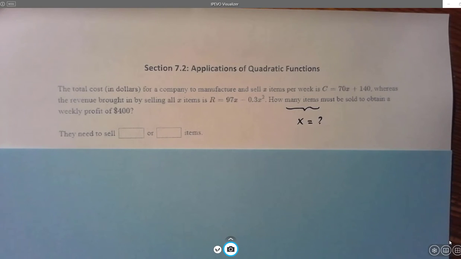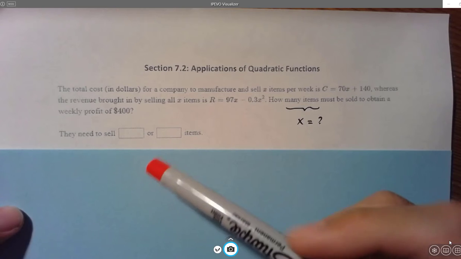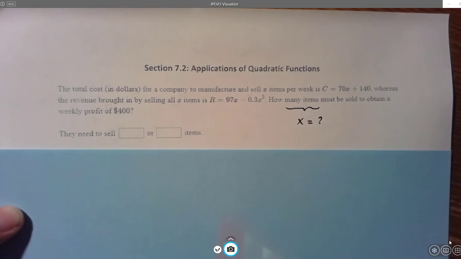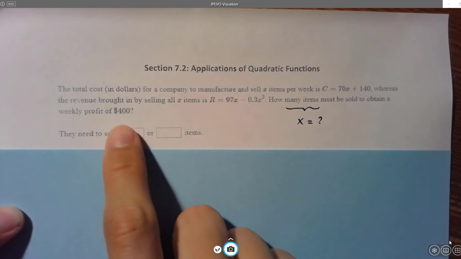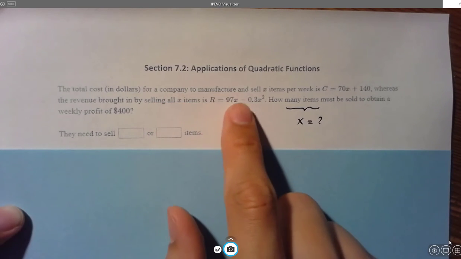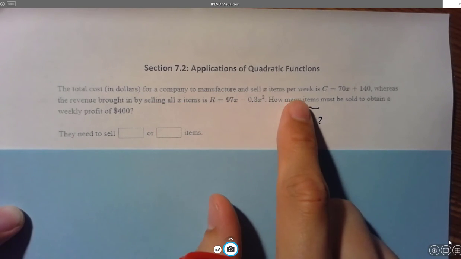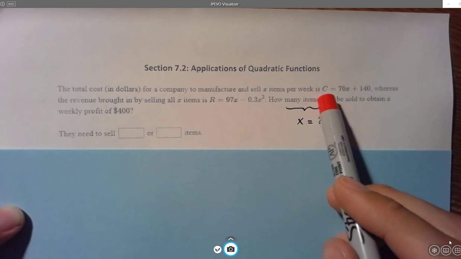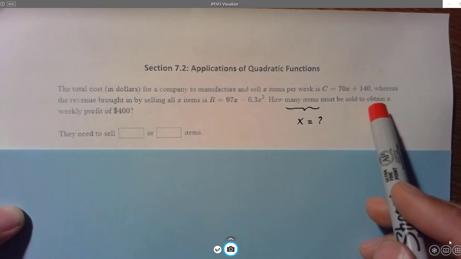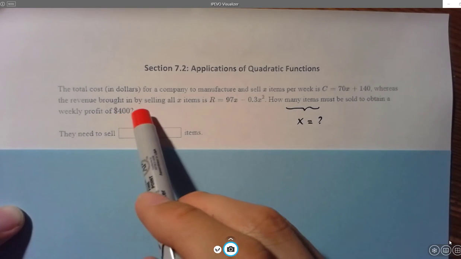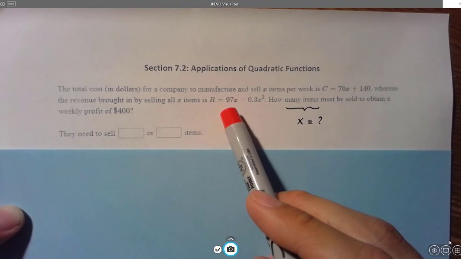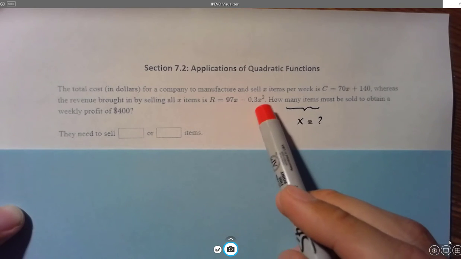Hi, in this video, we are going to solve two problems about the applications of the quadratic functions. Our first problem here: the total cost for a company to manufacture and sell x items per week is the function C equals 70x plus 140, whereas the revenue brought in by selling all the x items is given by R equals 97x minus 0.3x squared.